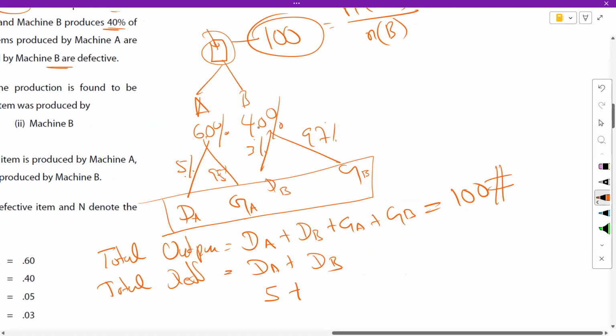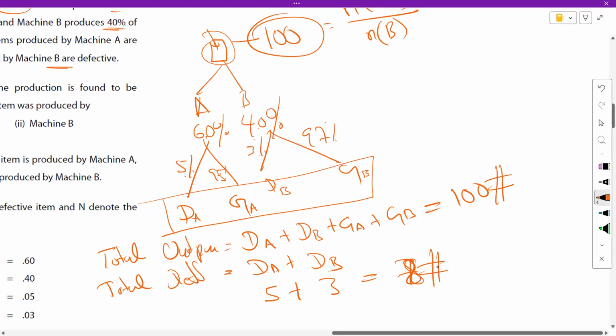And machine B produces 40 items, of which 3 are defective. Altogether 8 items defective. Sorry, 5 plus 3, 8 defective.